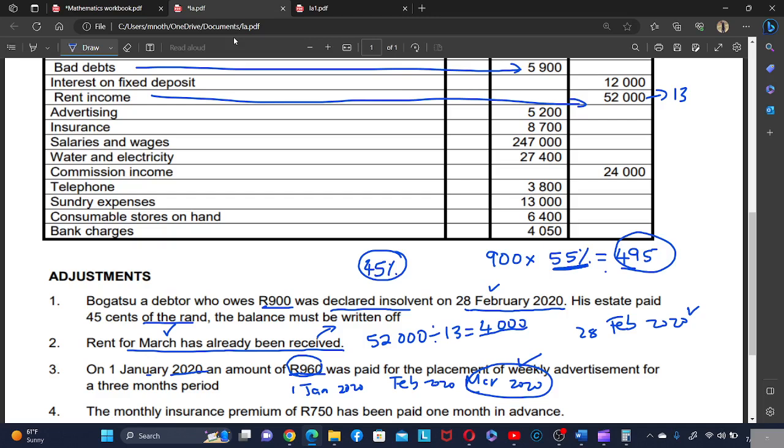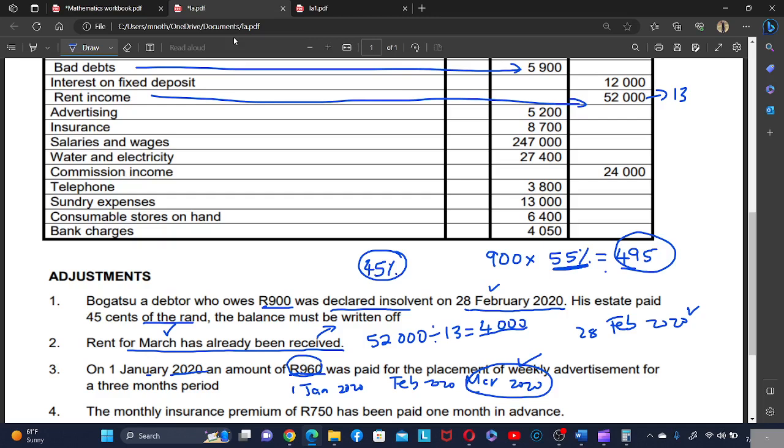Now, what do we know? The matching concept says that expenses should be recorded in the year that they belong in, even if they have not yet been paid.